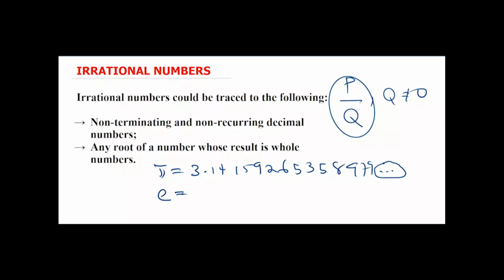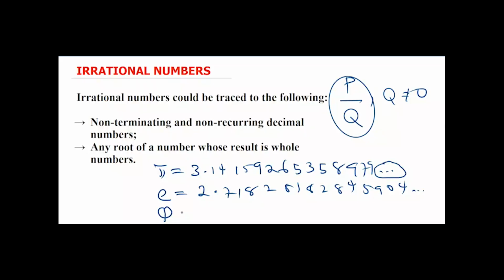Euler's number is given as 2.71828828482904 and so on and so forth. It is also a non-terminating, non-recurring decimal number. For that reason, it is an irrational number. The third constant I'm going to give you is called the golden ratio, and it is denoted with this sign.